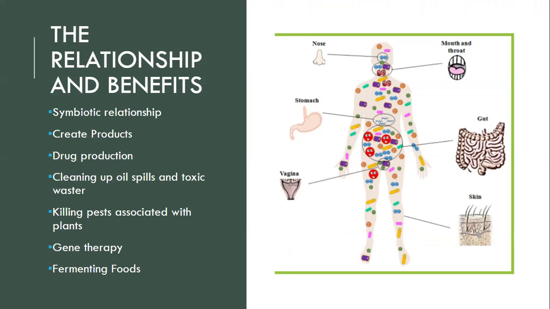We use them to clean up oil spills and toxic waste, for killing pests associated with plants, and for gene therapies. Like I said before, we can now recombine this bacteria to form something crazy and new so that we can introduce it into the body so it can create proteins that our bodies can no longer create.